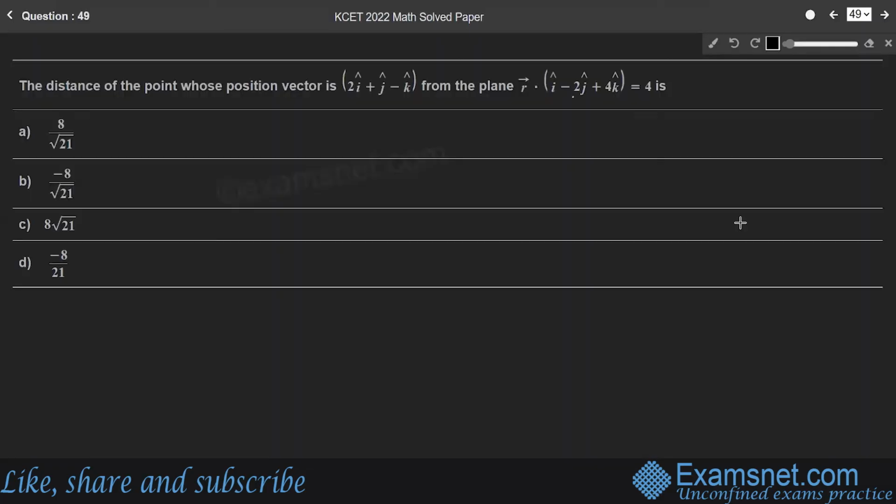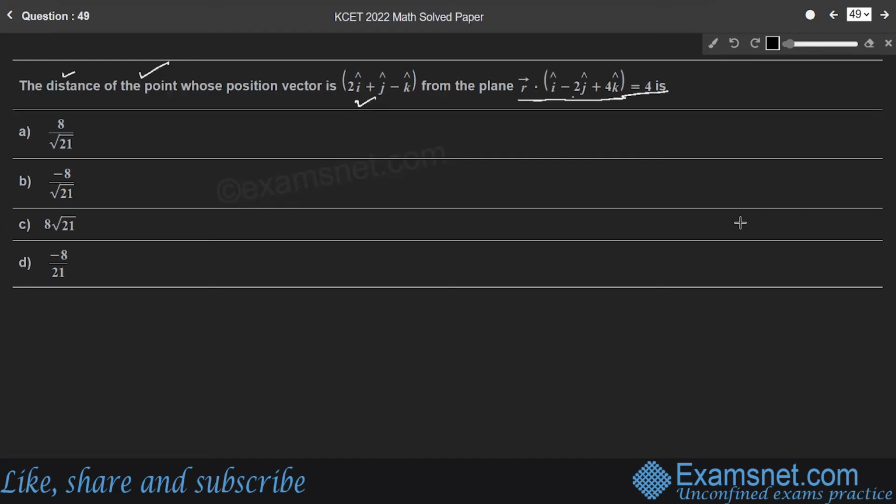Question 49. The distance of the point whose position vector is 2i cap plus j cap minus k cap from the plane r bar dot i cap minus 2j cap plus 4k cap is equal to 4 is. So a position vector is given, and we need its distance from a particular plane.